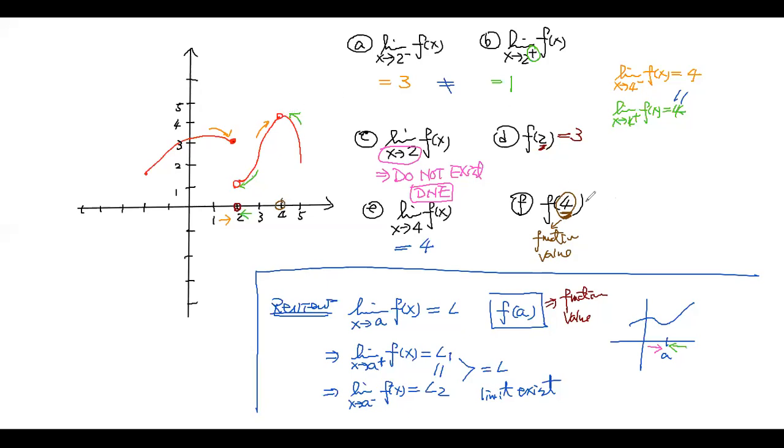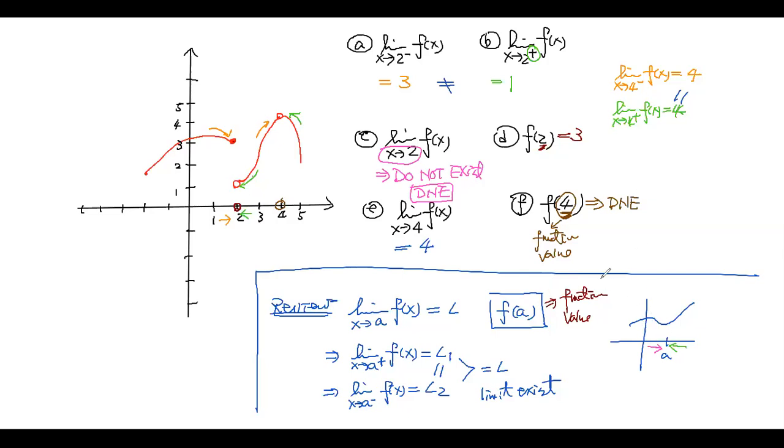That means I don't have the value here. So this one does not exist. Be careful about the notations, right? The function value doesn't have to exist, but the limit can exist. Remember, the condition for the limit to exist is that your left approach equals the right approach. Whether the function value is equal or not doesn't matter.